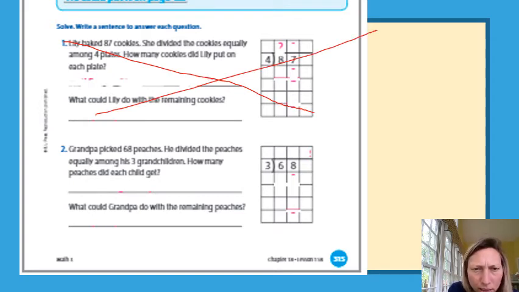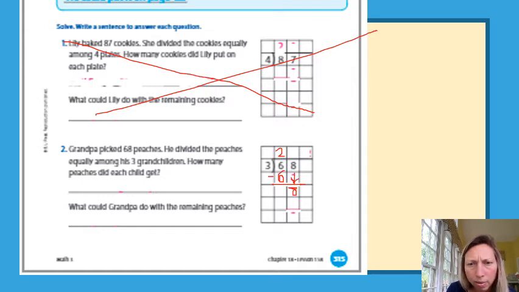Grandpa picked 68 peaches. He divided the peaches equally among his 3 grandchildren. How many peaches did each child get? So there's 68 divided by 3. The first digit is 6. I know 2 times 3 is 6. If I subtract that, I get 0. So I'm going to bring down my 8.